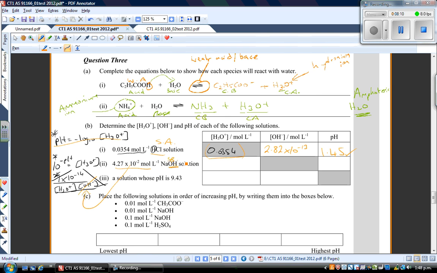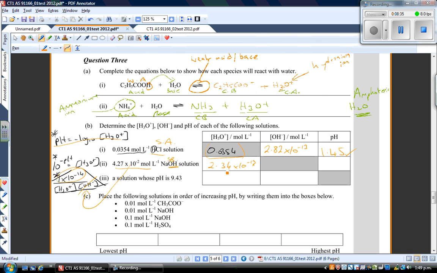So to get the H3O plus in this instance, we take 1 by 10 to the minus 14, and we divide it by 4.27 by 10 to the minus 2, and your answer comes out as 2.34 by 10 to the minus 13 moles per liter. And that's 3 significant figures again.